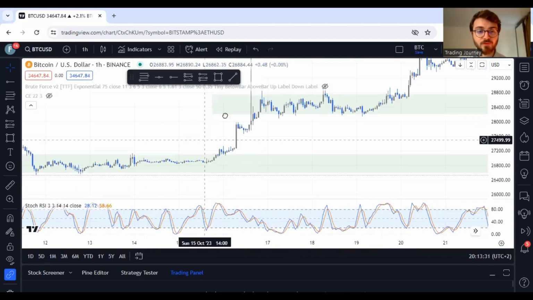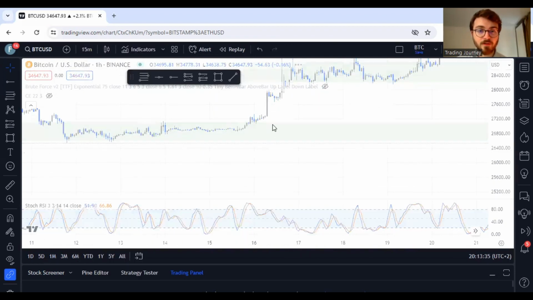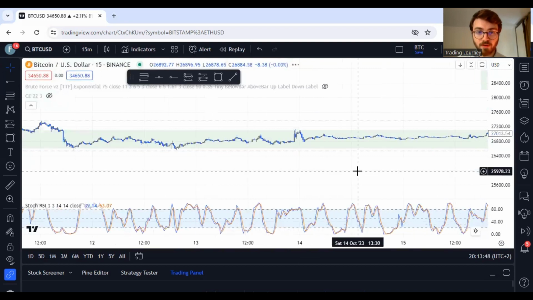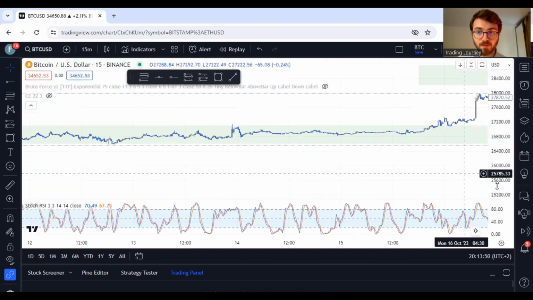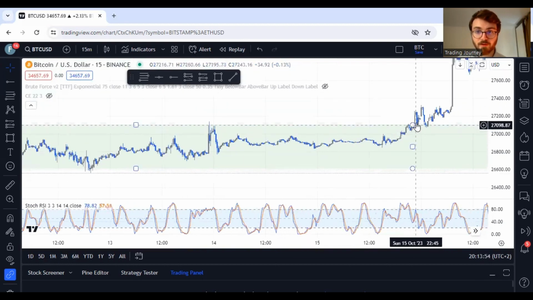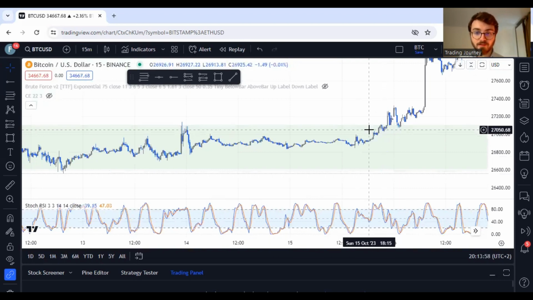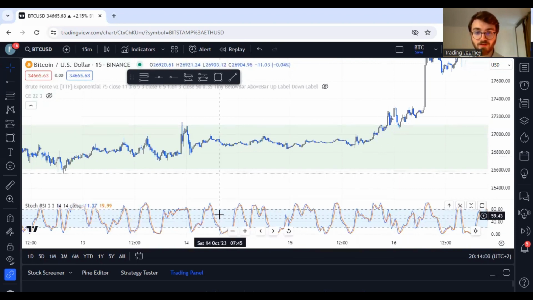Now, once you see this, I want you to go down on the 15-minute time frame. So you want to see what the price is doing in those areas, and especially you want to pay close attention to what is happening when the price is breaking from that area. And the thing is, as you can see on the RSI of the same time frame that you're using, it's not very clear.